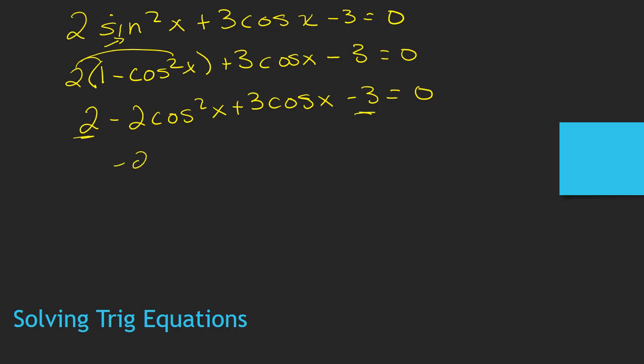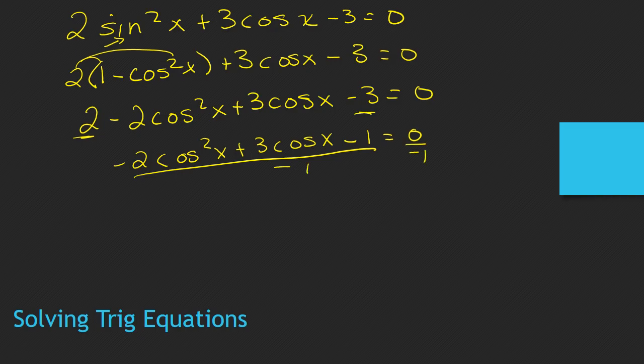And I get negative 2 cosine squared x plus 3 cosine x minus 1. Okay, so I'm going to go ahead and divide everything by negative 1, so that way I get 2 cosine squared x minus 3 cosine x plus 1 equals 0.